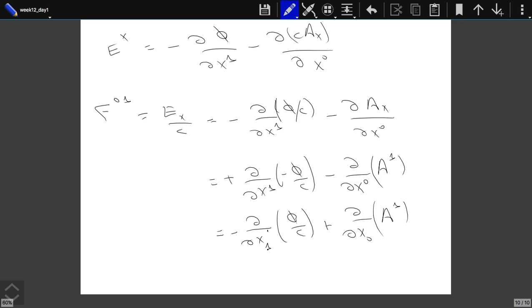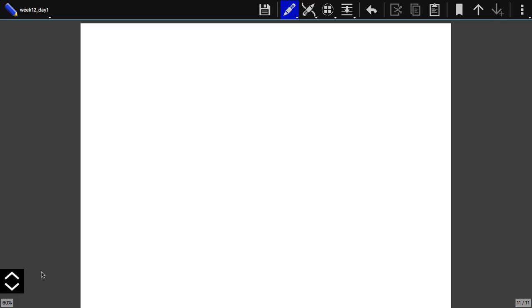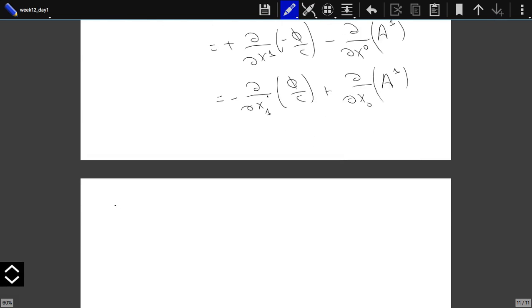I mean, this can go up or down, it doesn't change. I'm just defining A_1 to be A_x. So F_01 is equal to minus or plus ∂/∂x^0 of A_1 minus ∂/∂x^1 of, let me call that, A_0.